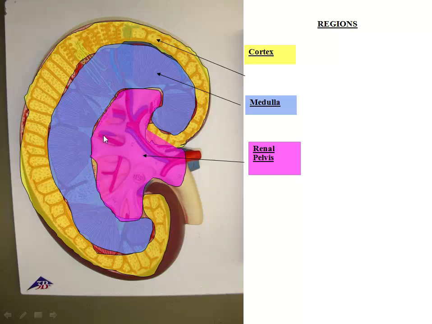So, while describing histology of a kidney, you cannot separately take a section of only cortex or only medulla or renal pelvis, and you will not find an entire nephron located in any of these regions. So we have to understand, we have to imagine a three-dimensional structure of this nephron, and while studying the actual slide we will see how we can correlate the presence of this nephron section in the different regions.